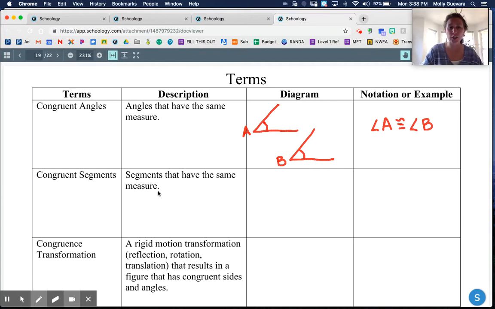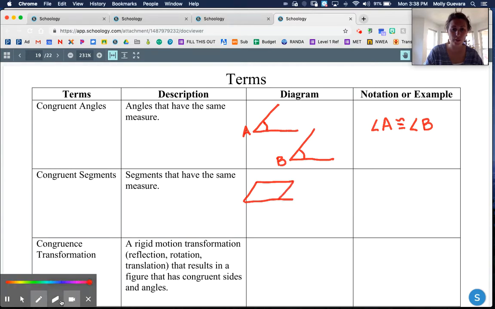Similarly, congruent segments are segments that have the same measure. So if I have a shape, I can do better than that. So there's a segment, I'm going to call this AB, and we can call this EF.